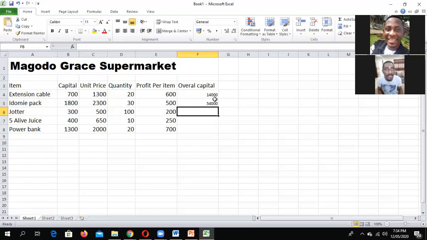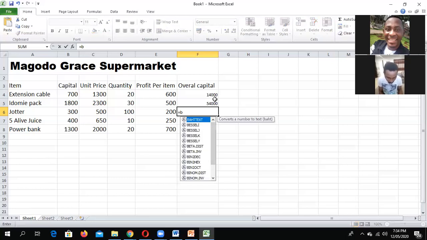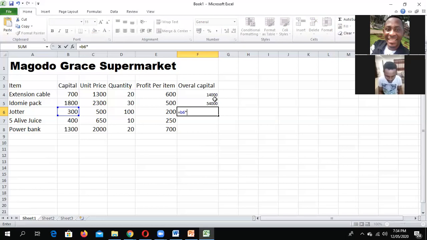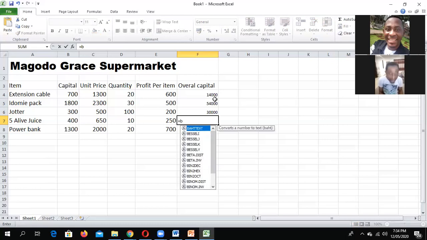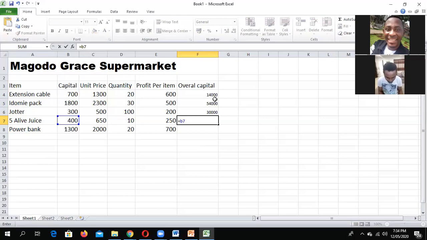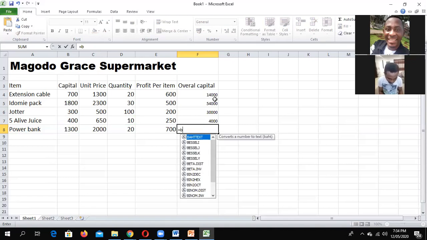Then we'll go ahead to say Jota equals to, don't forget your equals to, B6 times D6. They spent 30,000 naira on Jota. 5 Alive equals to B7 times D7. They spent 4,000 naira on 5 Alive. Then the last one is Power Bank equals to B8 times D8.